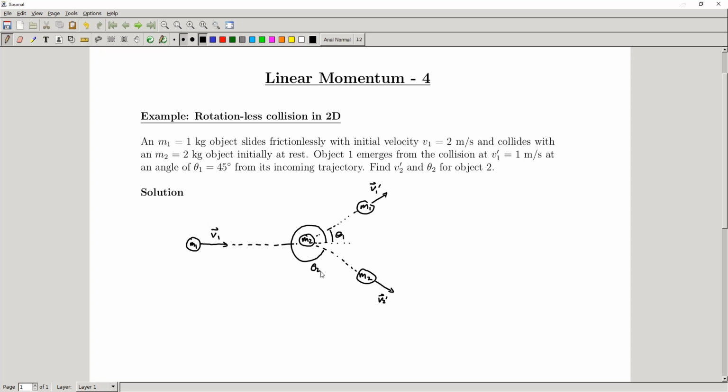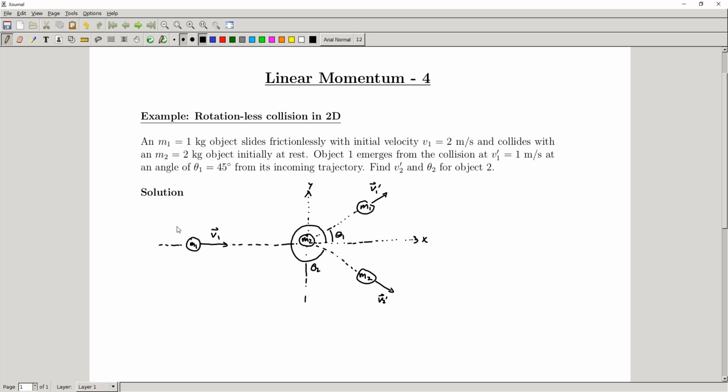And so we clearly have the choice. We can apply any sort of coordinate system we want here, but the easiest coordinate system to work with would be if we put our x-axis right down the original trajectory. So that's our x-axis. And if we put our y-axis right at the site of the collision, so that'll be our y-axis, okay?